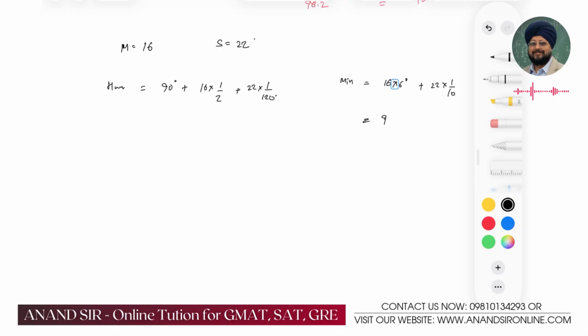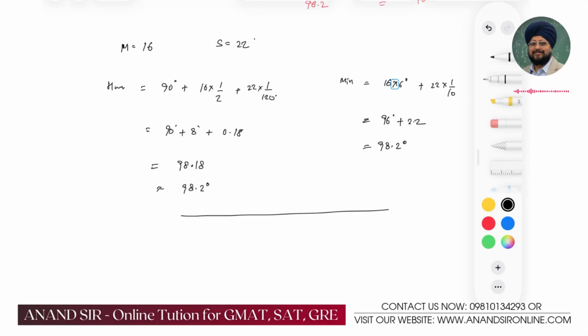So this gives me 96 plus 2.2, that is 98.2 degrees. And this is giving me 90 degrees plus 8 degrees plus 0.18, that is 98.18, which is approximately equal to 98.2 degrees. So both the hour hand and minute hand will coincide.